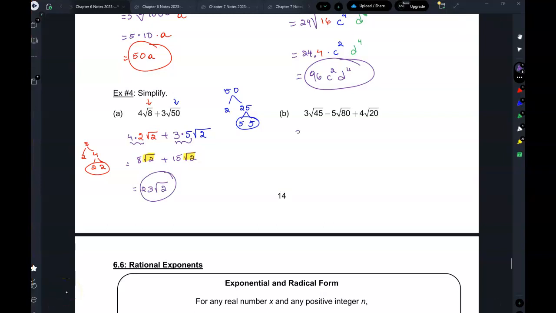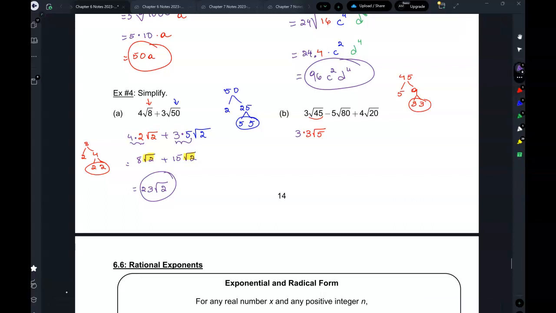So I have 3 times root 45. Okay, so let's do the 45. 45 is 5 times 9, 3 times 3. So group them by 2's. A 3 comes out, a 5 stays in. Do you see how it's literally divide and conquer.